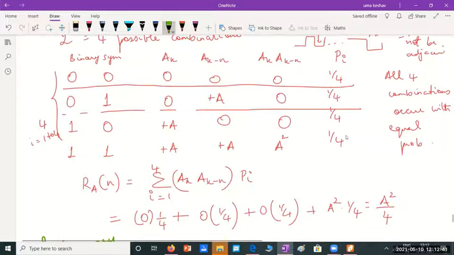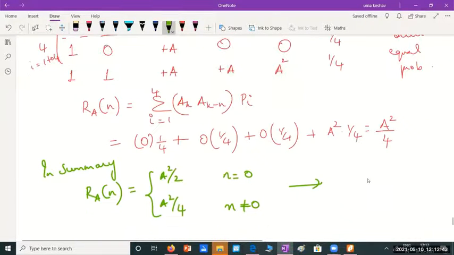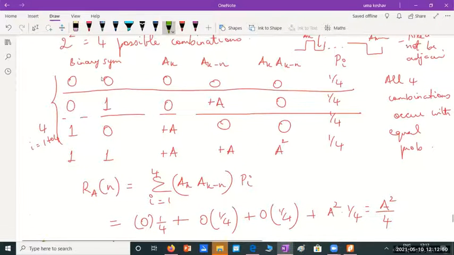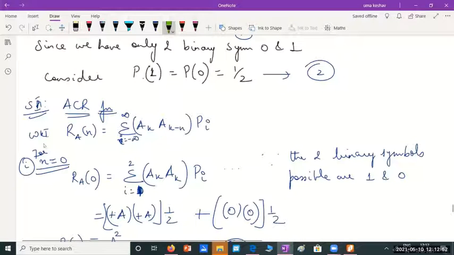Let me call this equation 4. Now I am done with step 2, that is defining the ACR function.